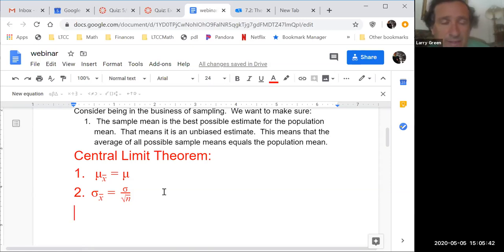Why is it good that it's not sigma, that it's sigma over root n? I don't see y'all jumping in. Think about if n was 100, then we're taking the population standard deviation and dividing it by the square root of 100. What's the square root of 100, by the way? You should all know that.